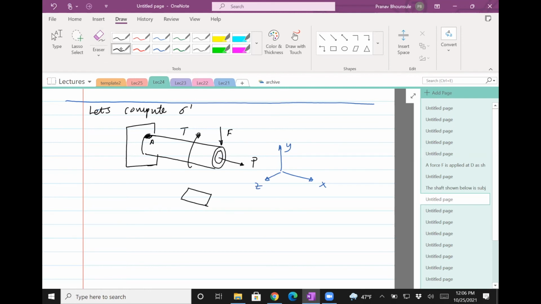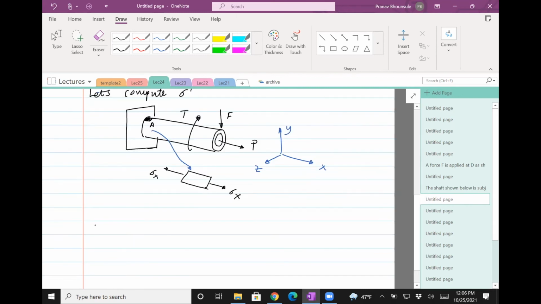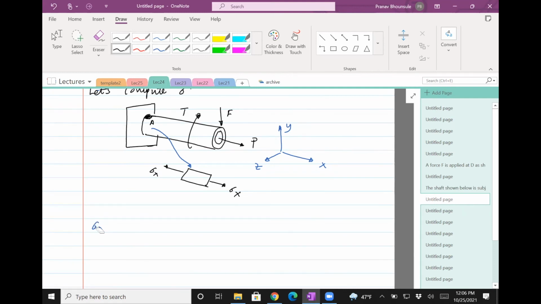Okay, so there will be a stress in this direction, sigma x. This is, by the way, A. This stress will be due to the bending moment F. The bending moment always leads to a stress in the axial direction. And then the force P will also induce an axial stress. So sigma x is going to be F times, there's a moment arm here.